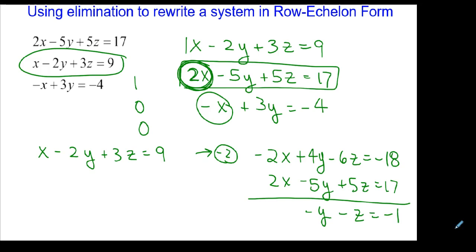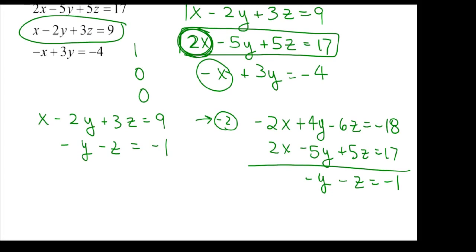And that gives me my new second row. In this iteration, I also want to change the coefficient of this x to a 0.